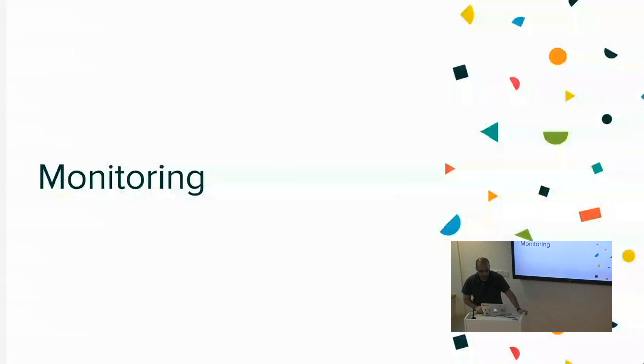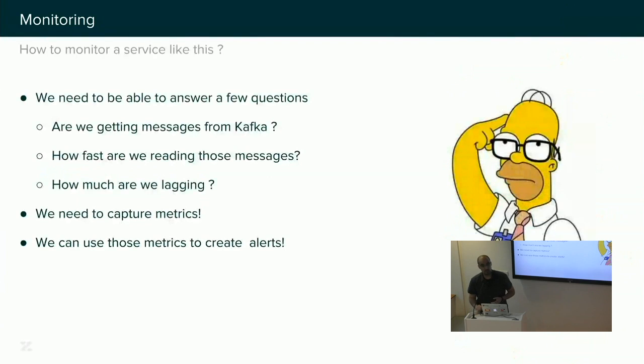Okay, another part that I wanted to talk about is how do we monitor a system like this? As you can imagine, it's not an easy task, because not only do we have to answer questions like whether we are getting messages from Kafka at all, how fast we are reading those messages, and how much we are lagging behind if there is some latency in the system.